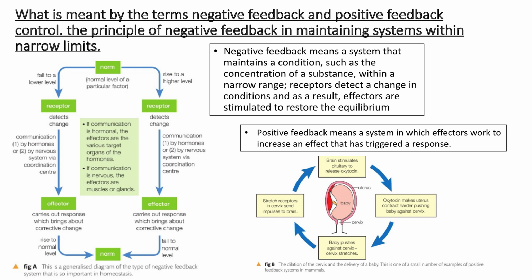This pushes the baby against the cervix, the cervix stretches, and stretch receptors in the cervix send impulses to the brain. So basically, it's a case of hormone release from the pituitary gland in our brain.